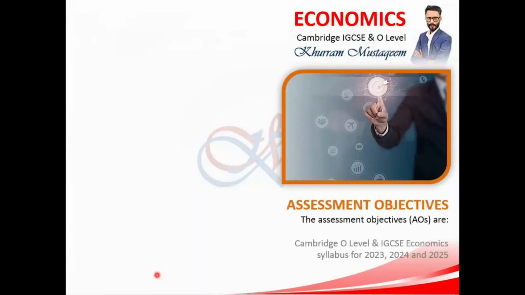Now I move toward the next part of the video, that is assessment objectives. What are assessment objectives? When the examiner starts examining the copy and the answer sheet of any particular student, the examiner wants you to write the answer as per the Cambridge assessment objectives. How does an examiner assess the copy?